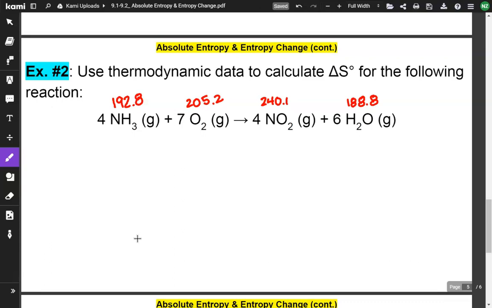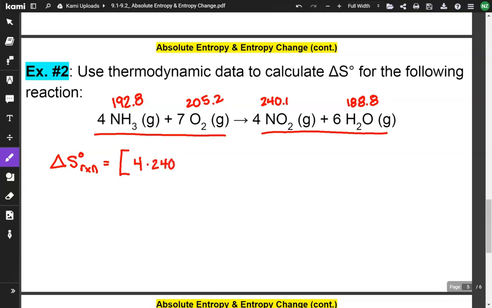So we want to do the sum of the products minus the sum of the reactants. To work this out, delta S of the reaction is going to be equal to, we have 4 moles of NO2, so it's going to be 4 moles times our value of 240.1, plus we have 6 moles of H2O, and each H2O is 188.8.